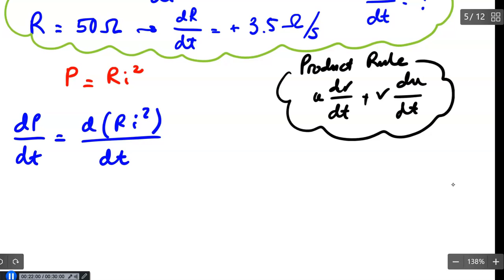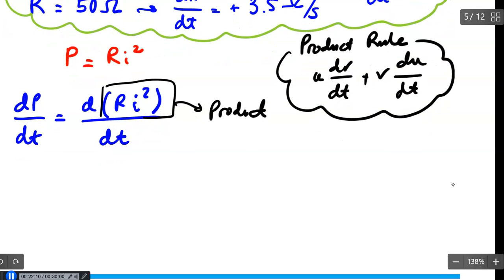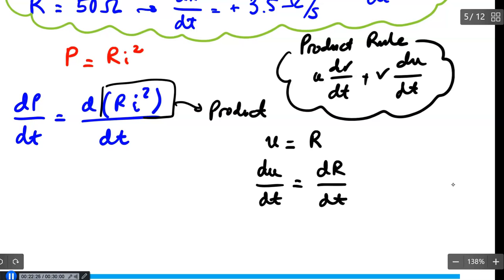This whole thing here is the product. That means I identify U as R, so dU over dt will be equal to dR over dt.